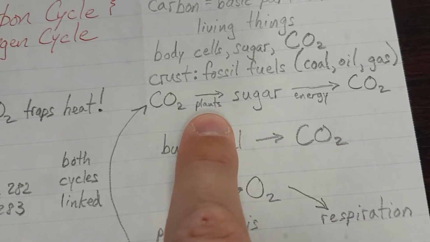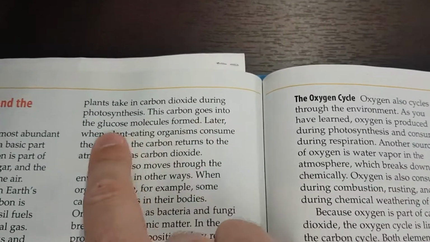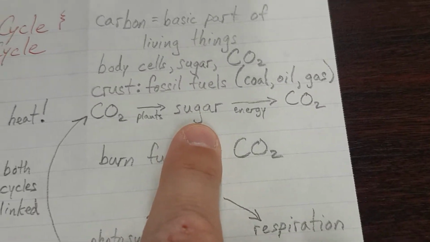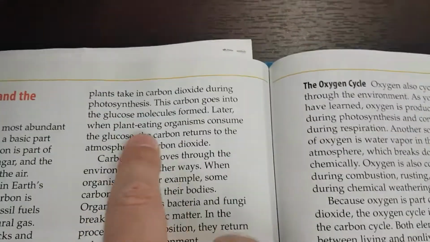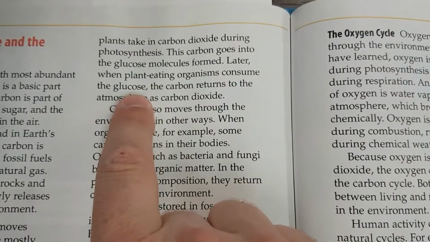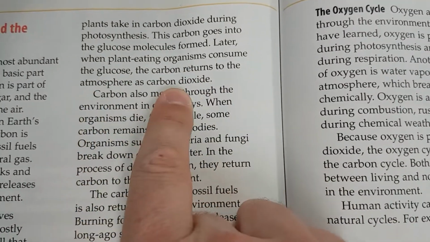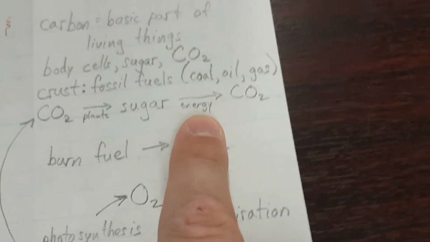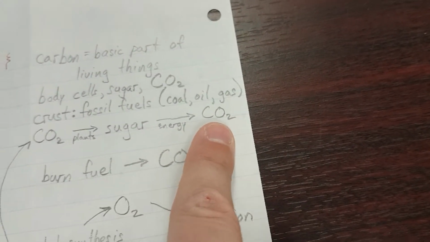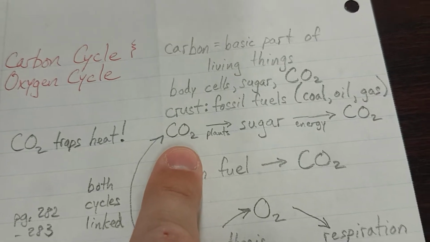Plants take it in, arrow, plants. Goes into glucose molecules that are formed, sugar. Later, when plant-eating organisms consume the glucose, the carbon returns to the atmosphere as carbon dioxide. So they get energy out of it, and you get carbon dioxide coming back out, and that closes the loop.